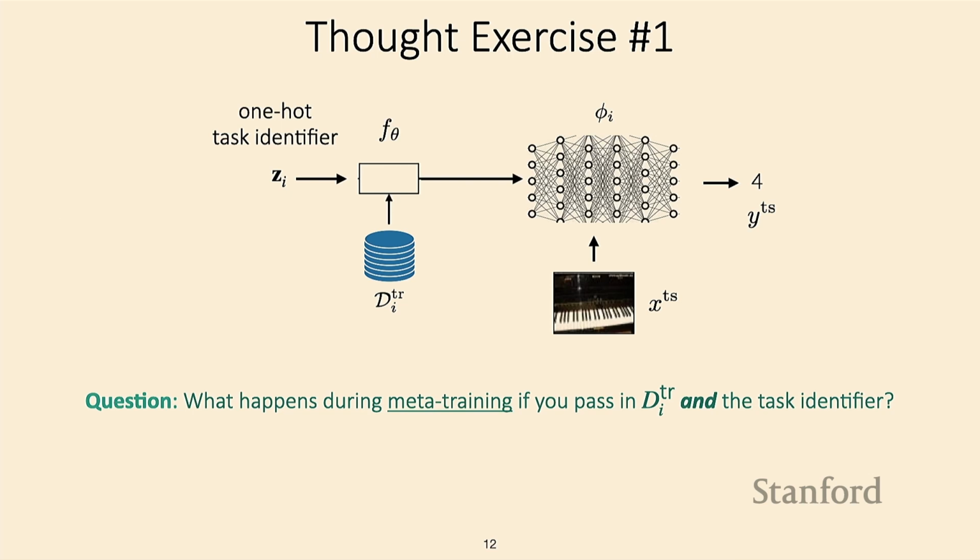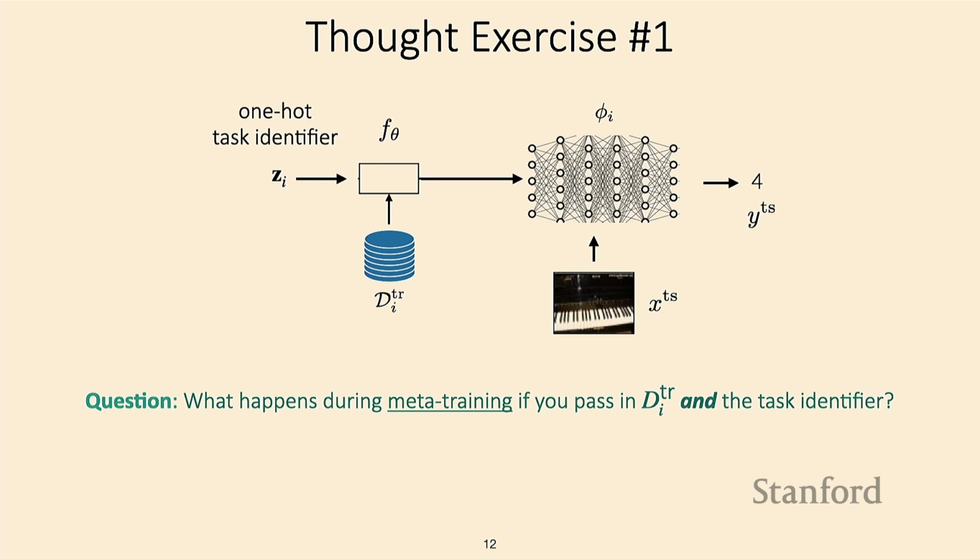The examples that show up in the training data set are pretty complicated, whereas this one-hot vector is not very complicated. And so it might over-rely on the task identifier rather than using the training data.